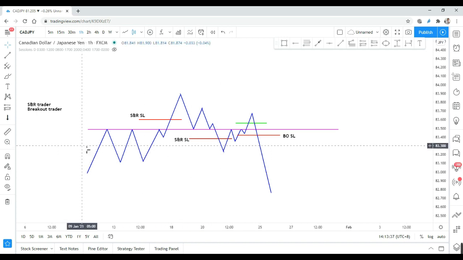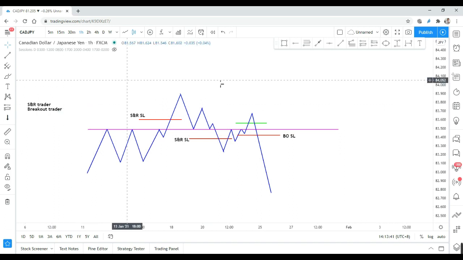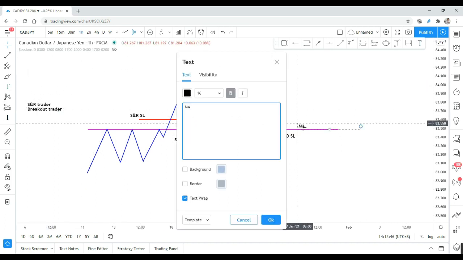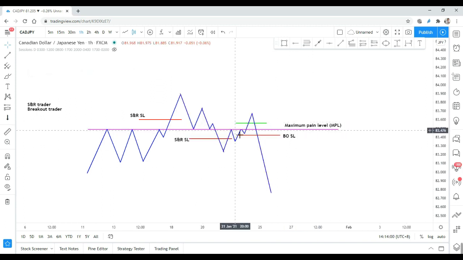So at this point, this line over here is what we call the maximum pain level, or we call it the MPL. I've mentioned it again and again many times. So this line over here is MPL, right?